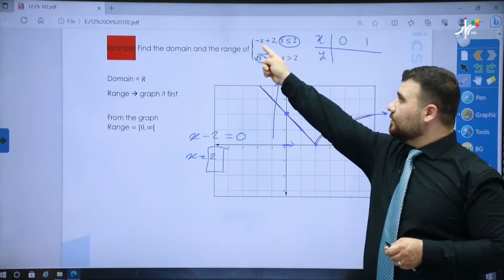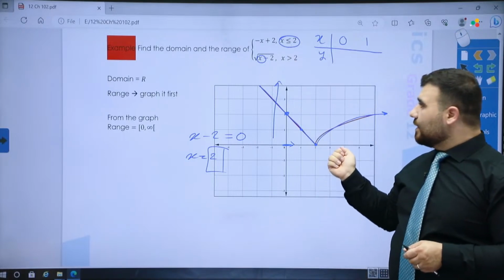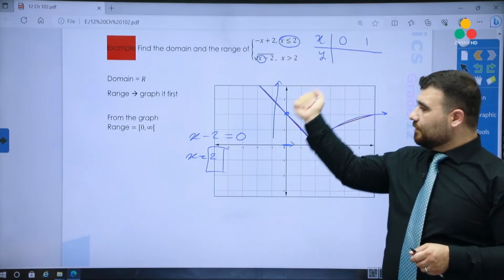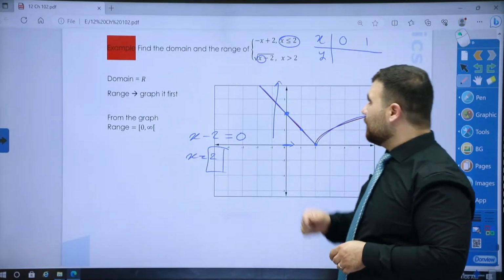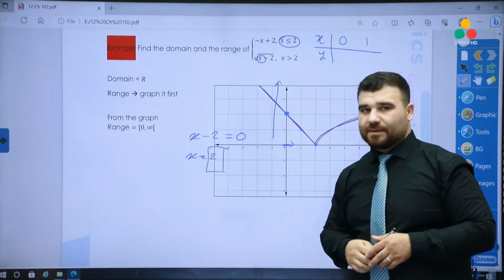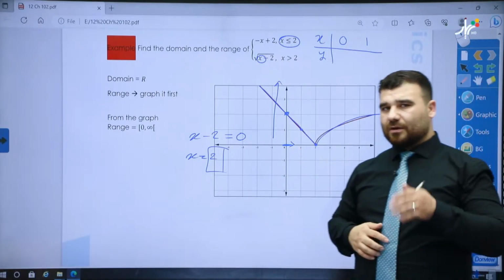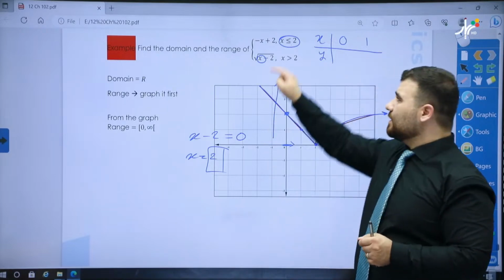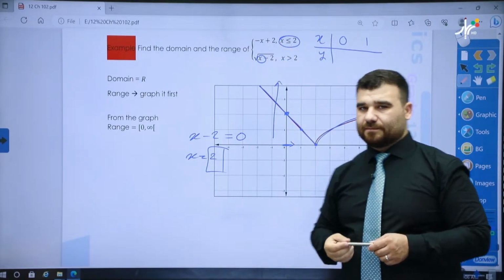When x is 2, negative 2 plus 2 is 0. 0 is visible. Then all the way to positive infinity. Infinity always has open brackets. Then for piecewise functions, it's better to graph than to find the range. And most of the time, the pieces are simple functions that you can easily graph.